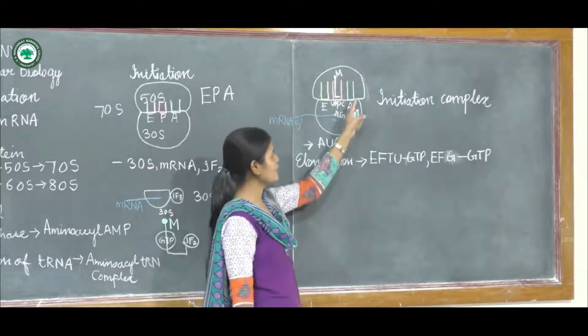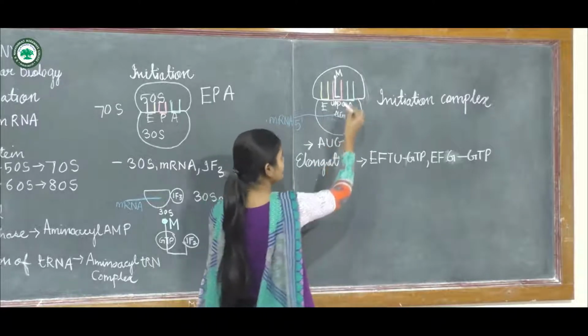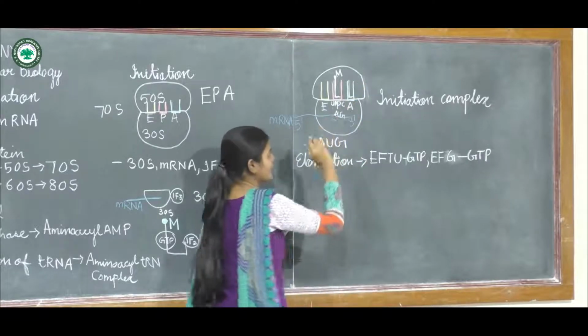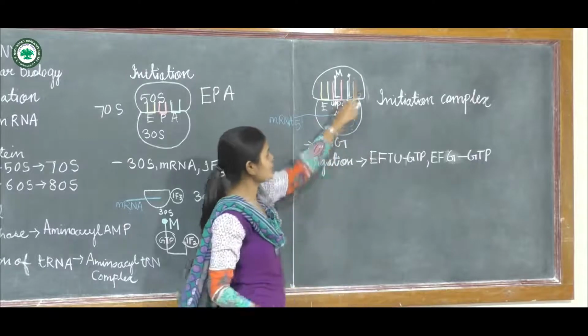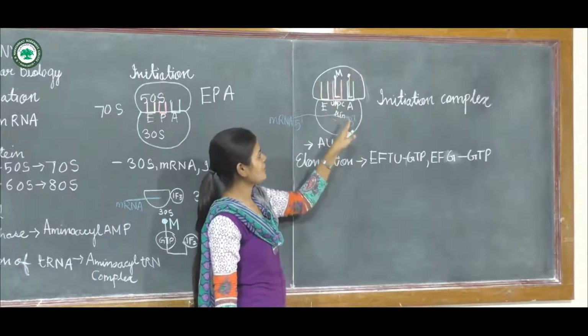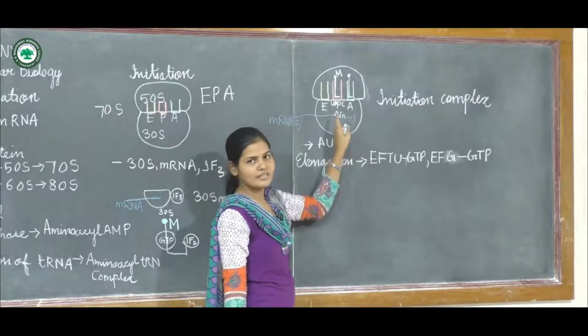Now what will happen? The next tRNA will come and it will come at the A site. So the next tRNA carrying the next amino acid, and this amino acid will be on the basis of the codon which will be present on the mRNA, that is the next codon.